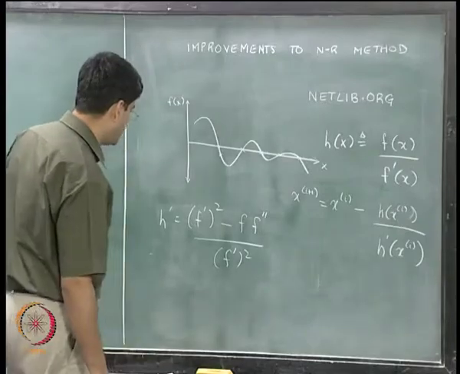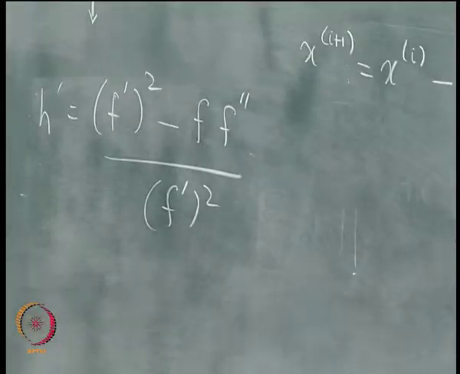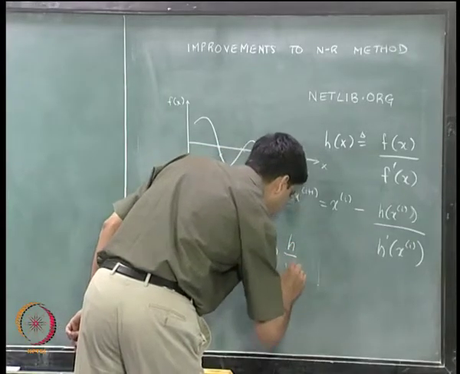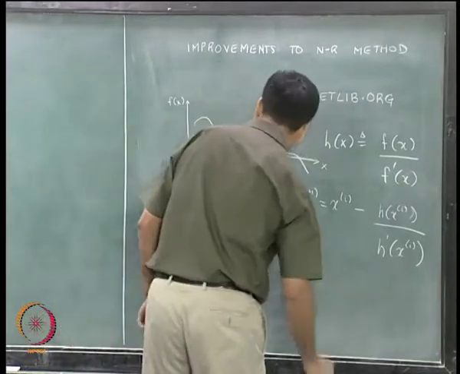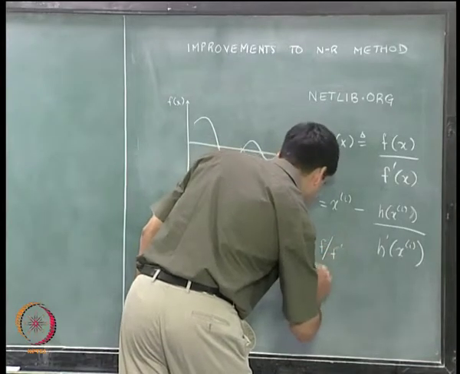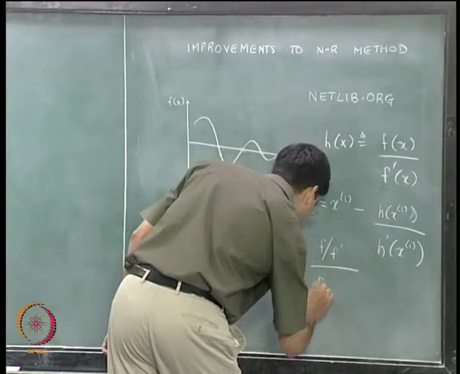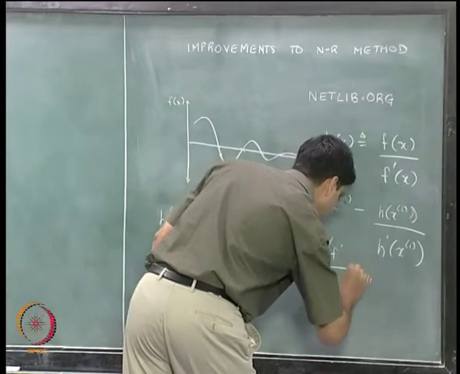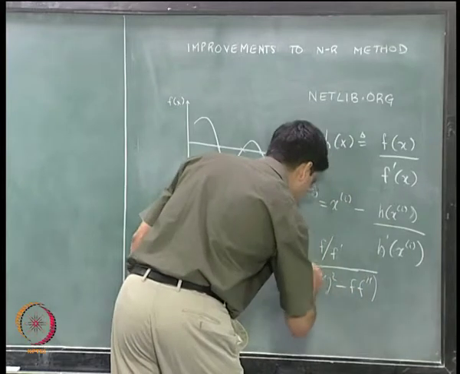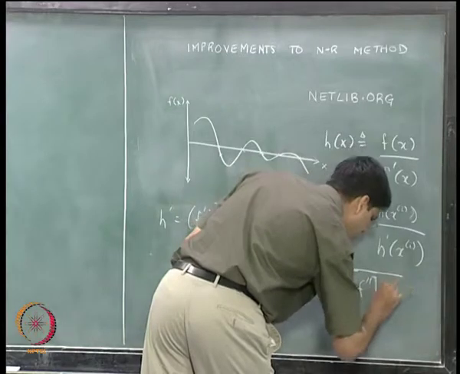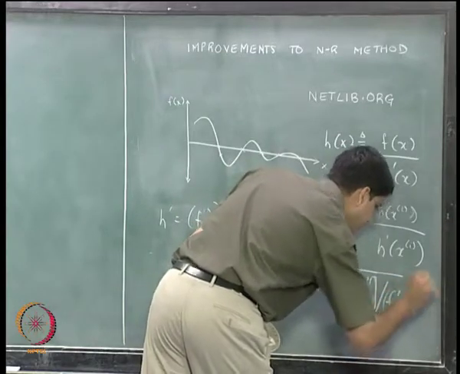So h divided by h dash is going to be f by f dash divided by f dash squared minus f f double dash, and this whole thing divided by f dash squared.